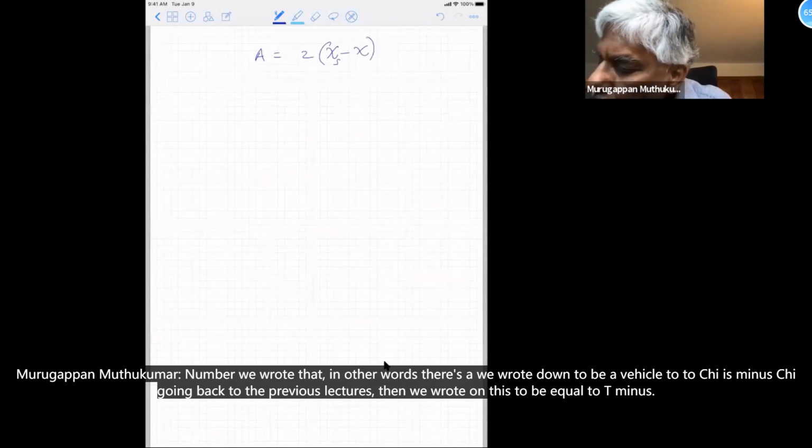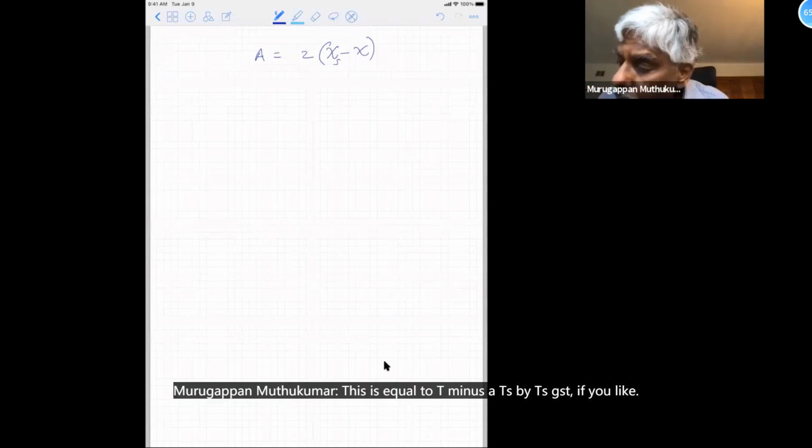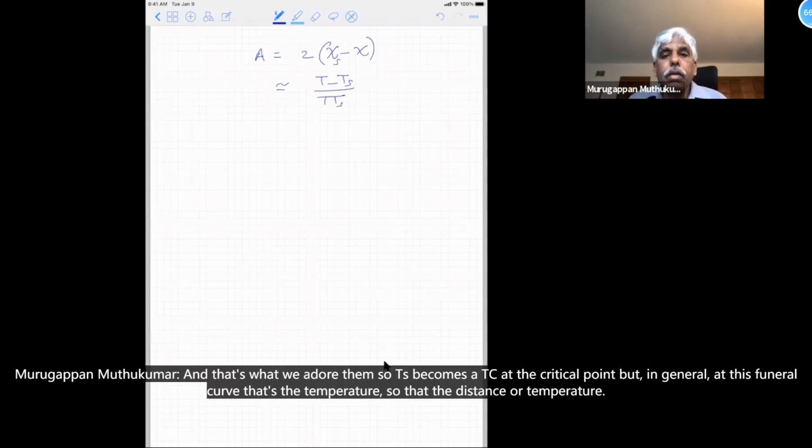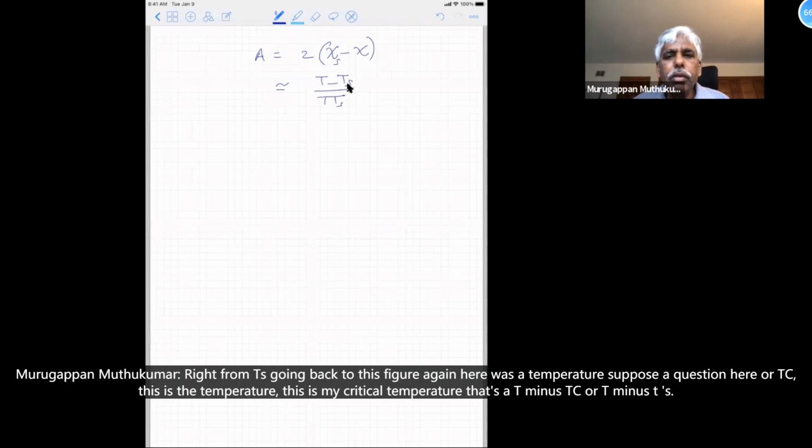Then we wrote this to be equal to T minus T_s, or T_s. So T_s becomes T_c at the critical point, but in general, at the spinodal curve, that's the temperature. So that's the distance in temperature, right, from T_s.